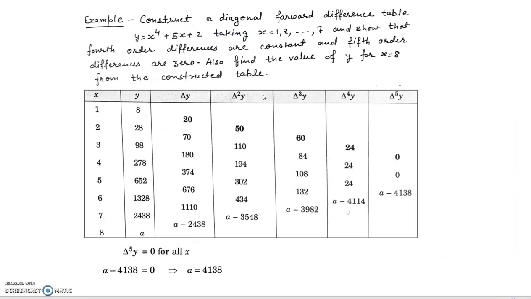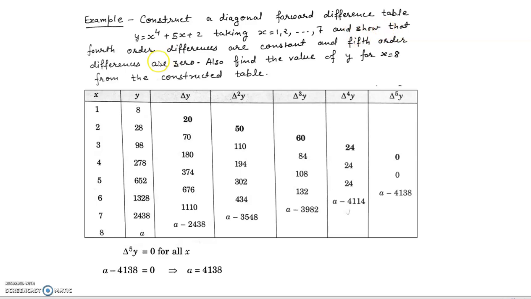Now let us do two examples, one of forward and one of backward. Our first example is: construct a diagonal forward difference table for this function, considering only 7 arguments. That means if we take x equal to 1 to 7, then we can find the value of y from here, only up to 7.